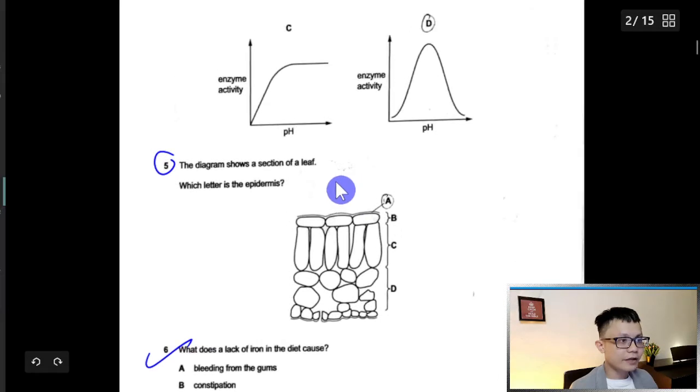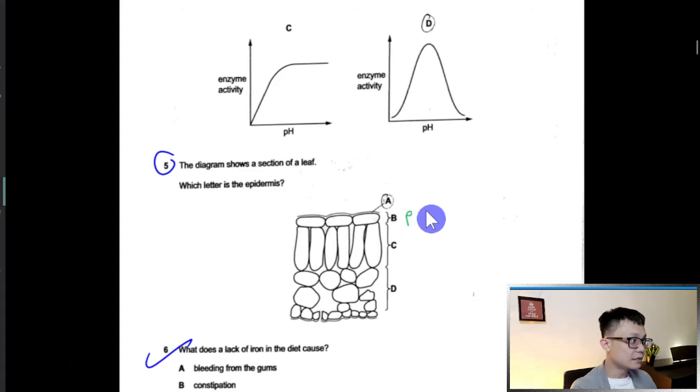Okay, following up, the diagram below shows a leaf. Which letter is epidermis? The answer will be B. The real name of B is upper epidermis.